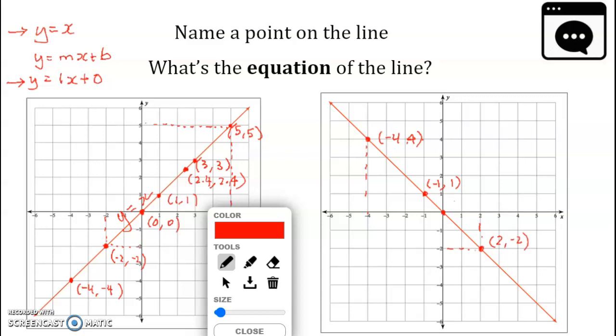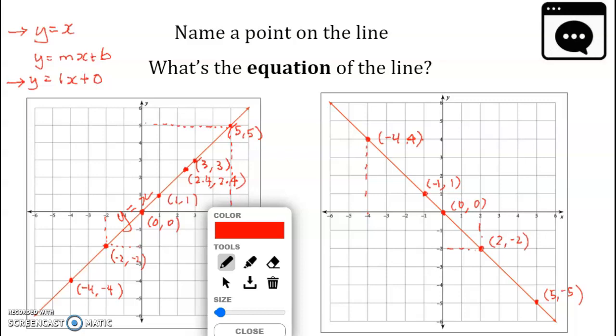This is x is equal to 0 and y is also equal to 0. What about here? 5, -5. Okay, so what relationship do you see between x and y? Is x the same as y? Almost, but not quite, is it?